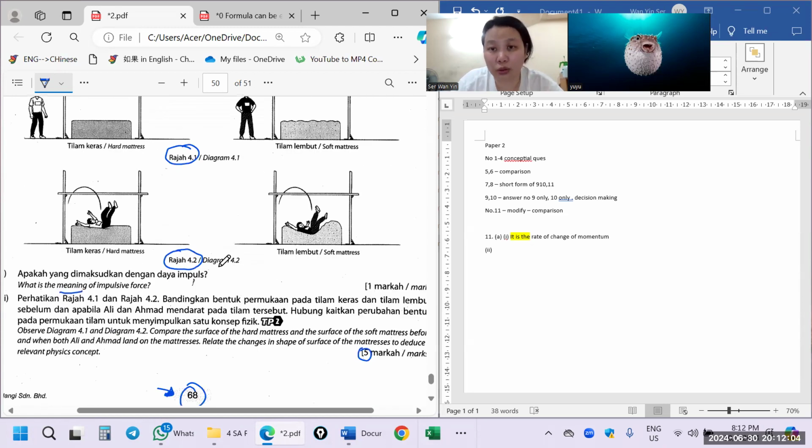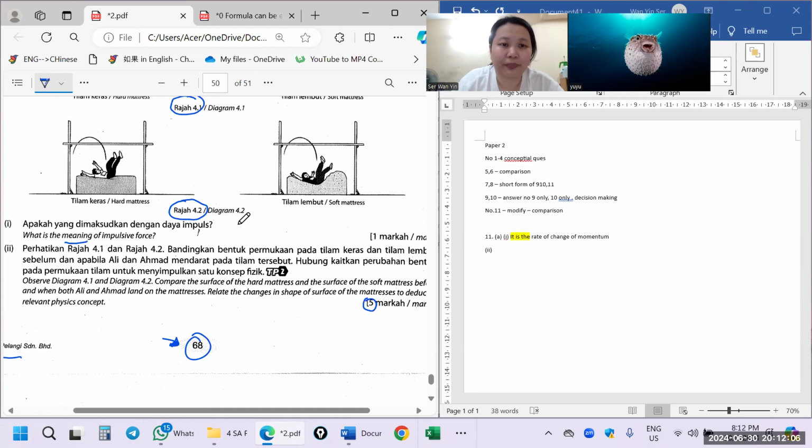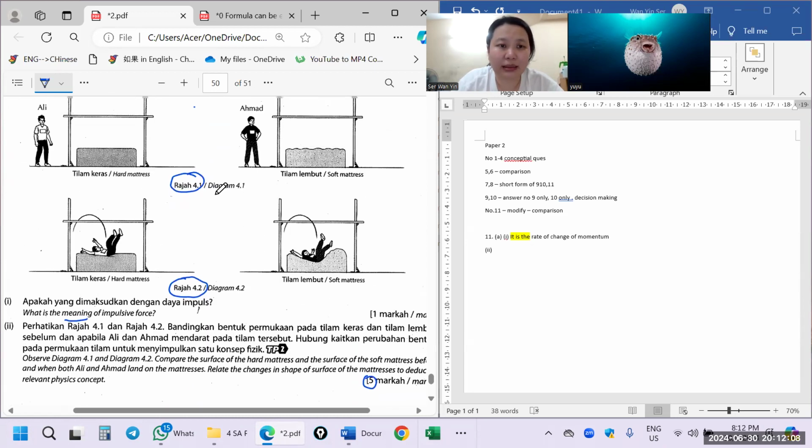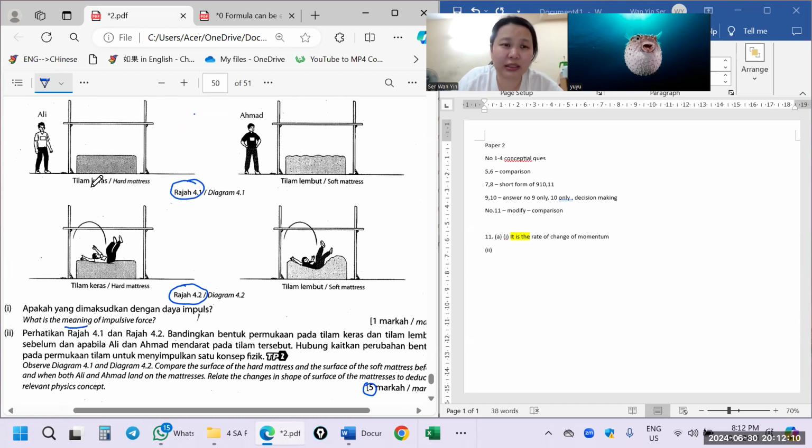This is 4.2. Okay. But normally they will say this is 4.1a, this is 4.1b. You can add it up normally in exam. So this is 4.2a and this is 4.2b. Okay, you add it up.